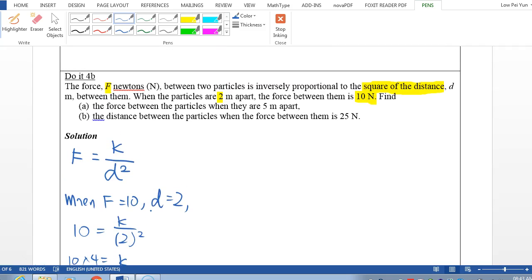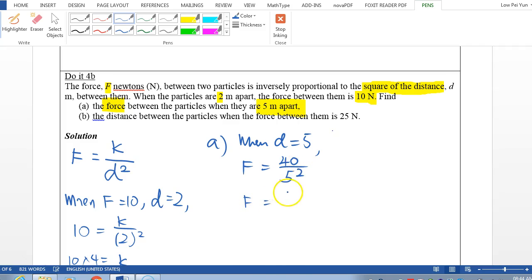So part A, I am able to find the force, which is which letter? Yes, F. When the distance d is 5 meters apart. When d is 5, find F. K is 40, d is 5, and I need to square it.